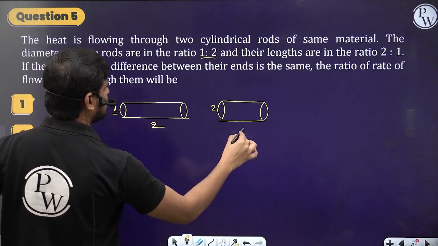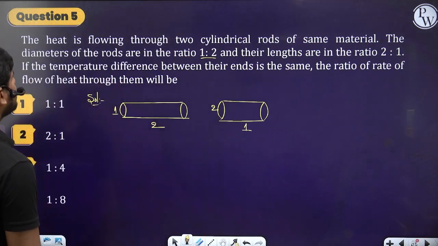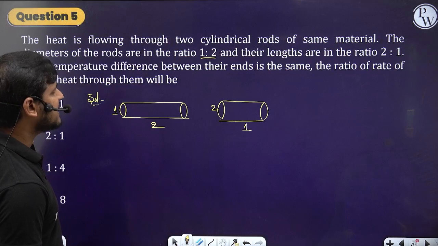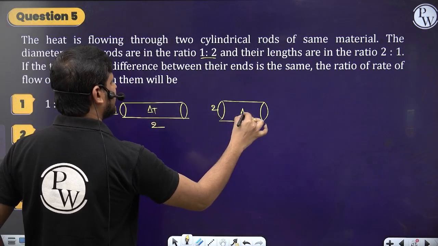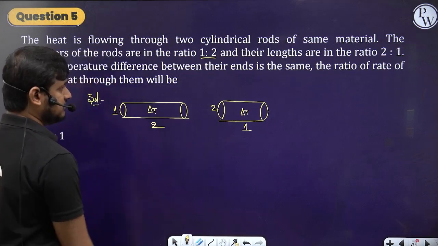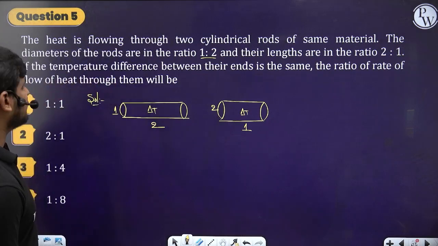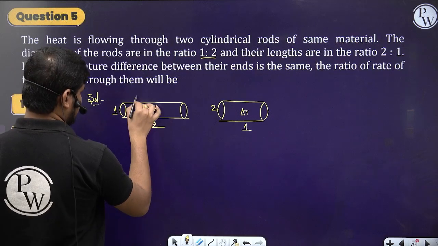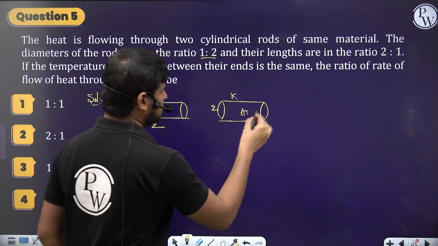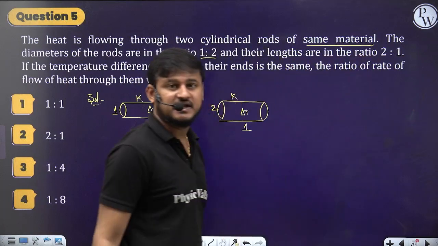If the temperature difference between their ends is the same, delta T for both, then we need the ratio of the rate of heat flow through them. K is also the same because the material is the same.